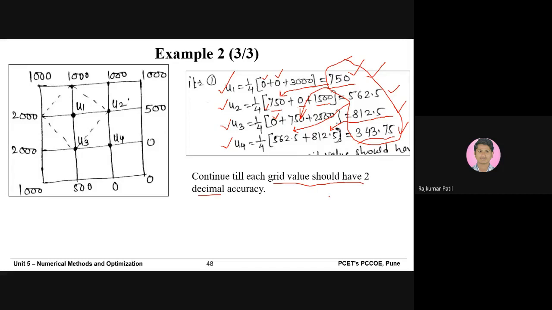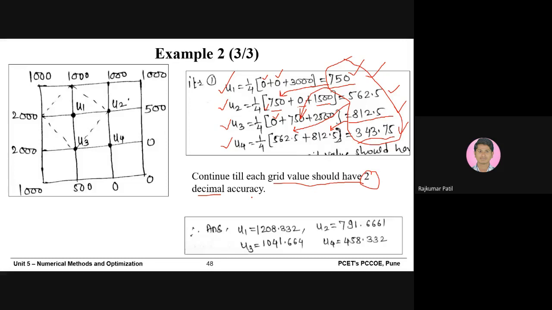So let's say iteration number 4 and 5, and if you compare these two values and find the accuracy is up to 2 decimal points, then you can say that the fifth iteration is correct and you can stop there.